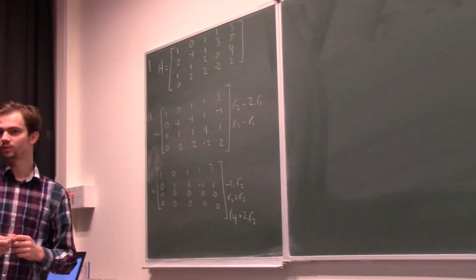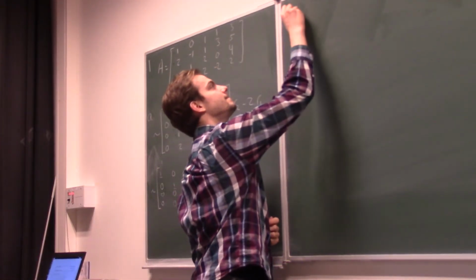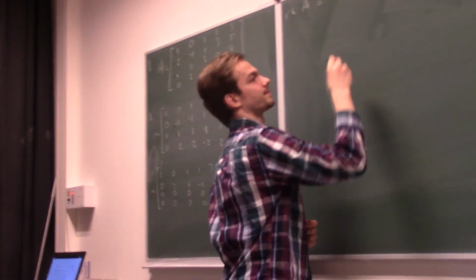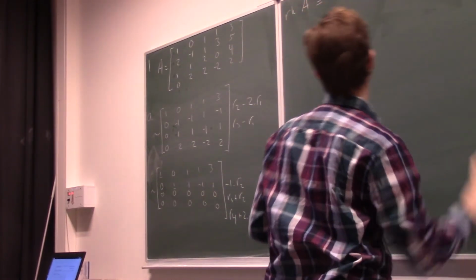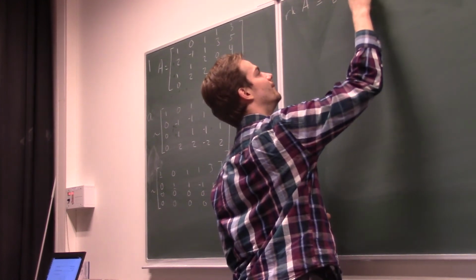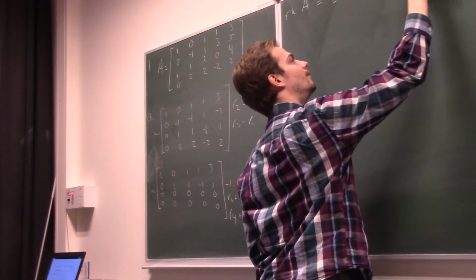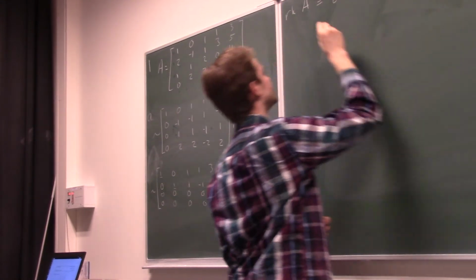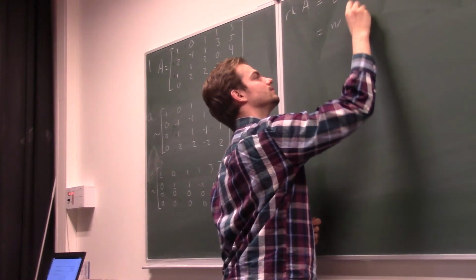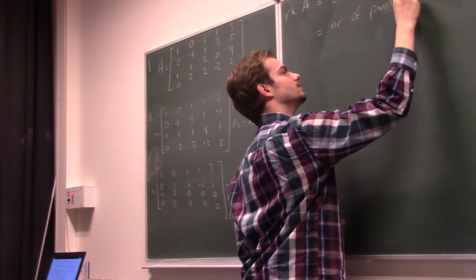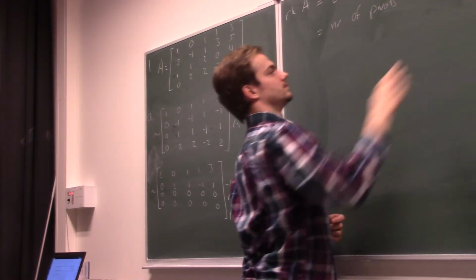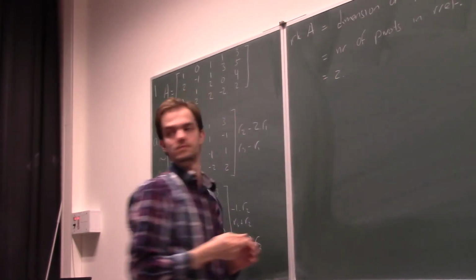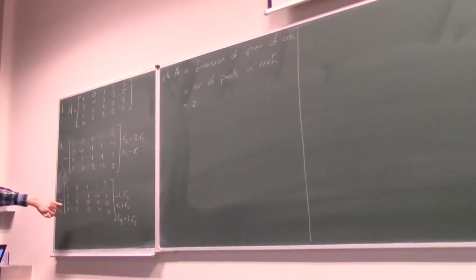Okay, so the rank of A is equal to the number of pivots. So to find the rank of any matrix, all you need to do is row reduce and count the pivots.